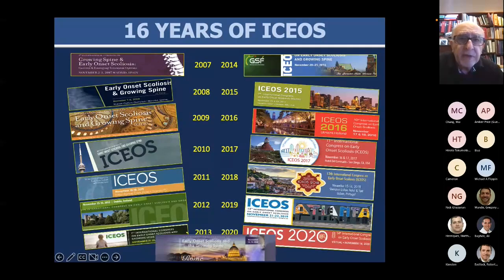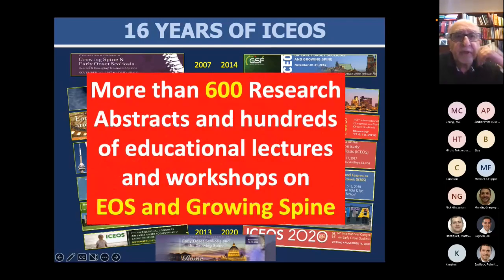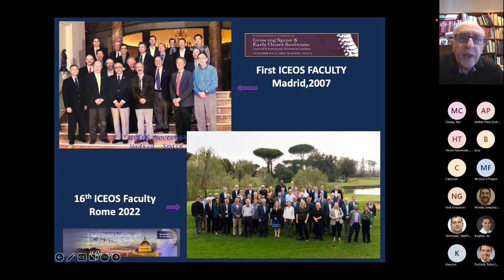ICEOS, now in its 16th year, is the focus and center of research for early onset scoliosis. We had more than 600 research abstracts and hundreds of podium presentations and workshops in that meeting. It's much more than the SRS. This is the first faculty of the first meeting in Madrid, and this is the 16th meeting in Rome.